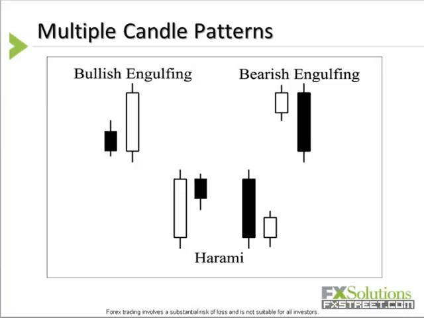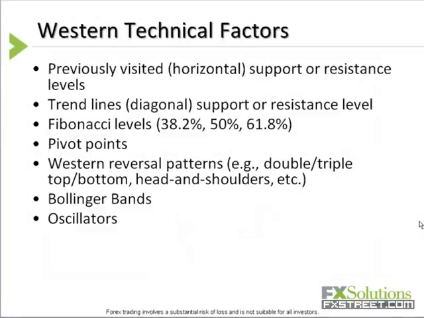So those are the ones that I really focus upon when I'm combining them with regular Western technical analysis. What are the Western technical factors that I use? Well, as I mentioned, they are all pretty much focused on support and resistance. So, most importantly, we're looking at previously visited horizontal support and resistance levels, so where price previously turned in the past.